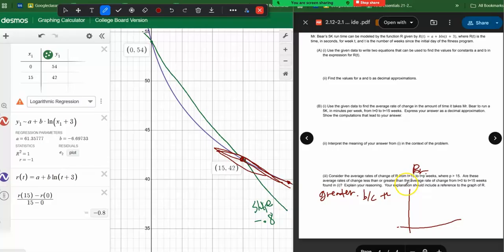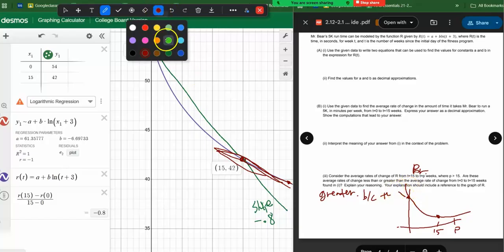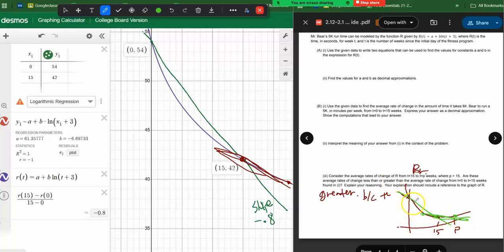Sketch it on your answer. So there is a 0, there is 15, there is a p, and literally show 0 to 15 versus 15 to p. 15 to p will be greater than 0 to 15 because the slope is going to be greater.